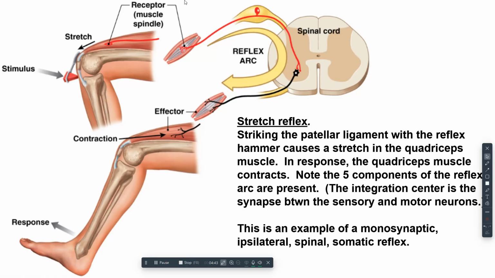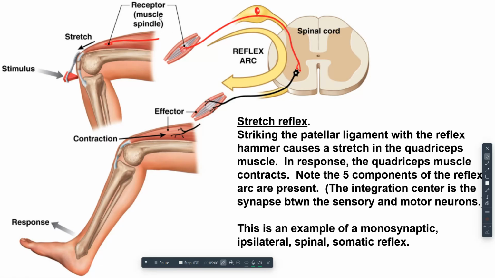One of the reflexes we're going to do in class, in lab, is the stretch reflex, where we strike the patellar ligament, which connects the tibial tuberosity on the tibia to the patella. And we strike with that little reflex hammer. And striking it causes a stretch in the quadriceps muscle.